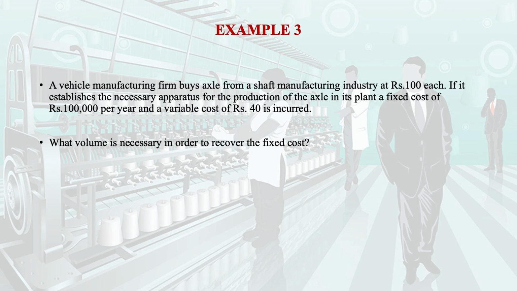Another example about break-even analysis: a vehicle manufacturing firm buys an axle from a shaft manufacturing industry at rupees 100 per item. If it establishes the necessary apparatus for production of the axle in its plant, the fixed cost is 1 lakh per year and a variable cost of rupees 40 is incurred.